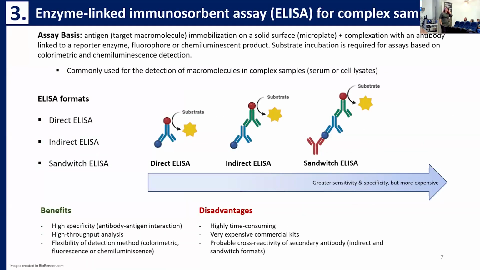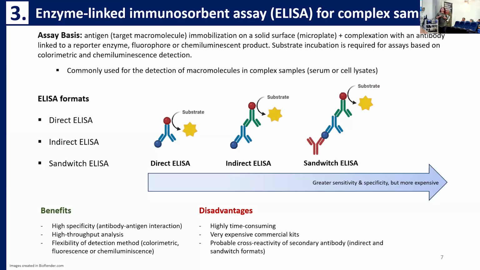So, in order to have an alternative, I wanted to talk about the ELISA assay that can be used for complex samples. Specifically, it is normally used for the detection of macromolecules when we have our biomolecules coming from serum that we extract from in vivo experiments, or from the cell lysis that we use for in vitro studies.